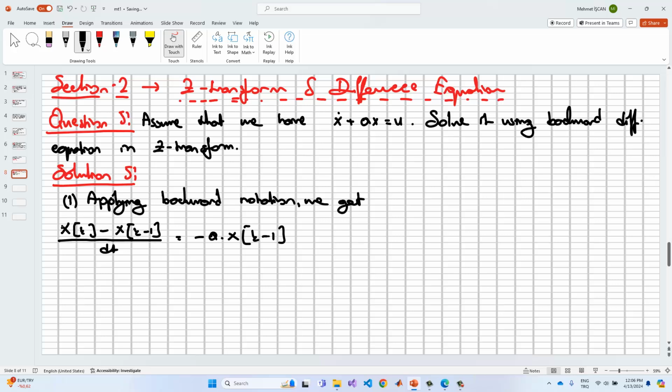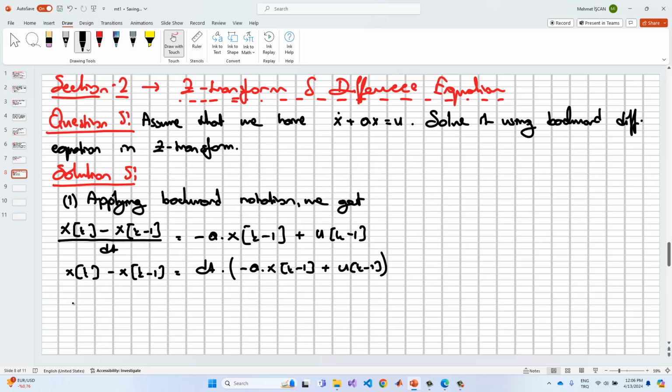This is the future value. Okay. And so plus u_(k-1). Okay. So x_k minus x_(k-1) is equal to dt times minus a x_(k-1) plus u_(k-1).